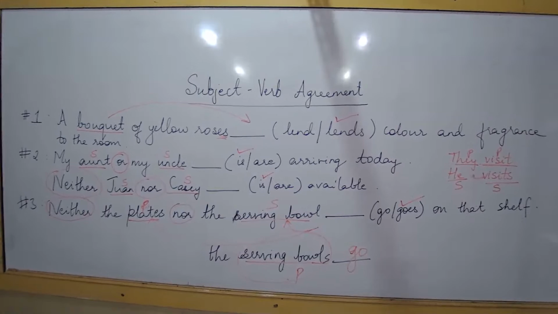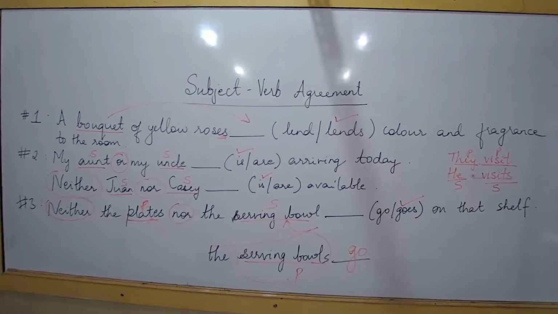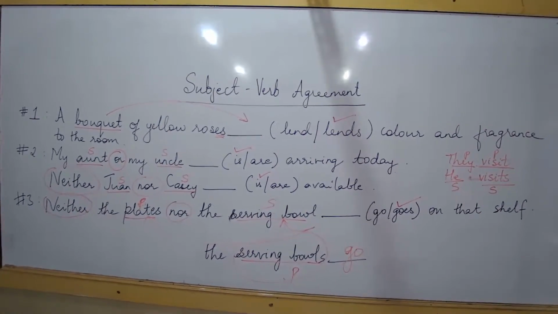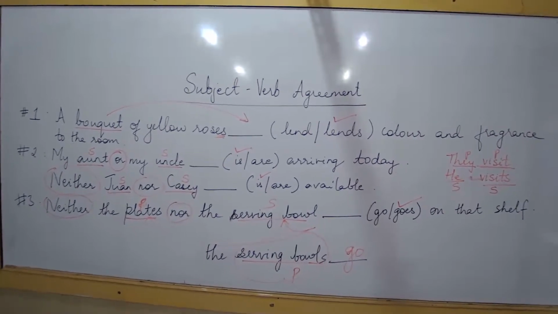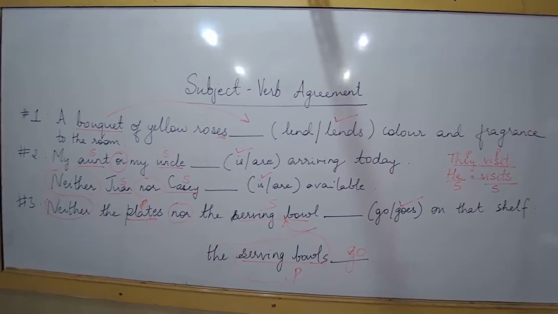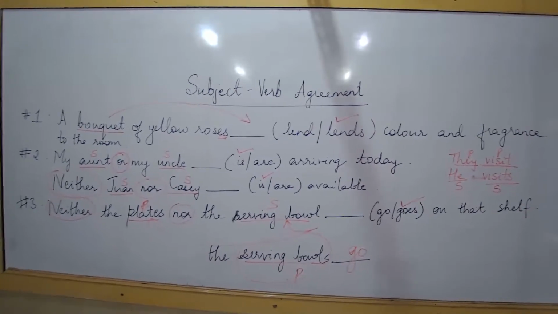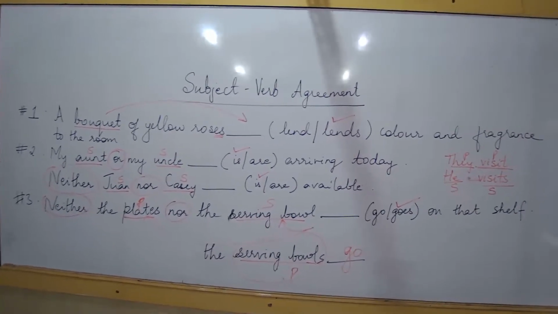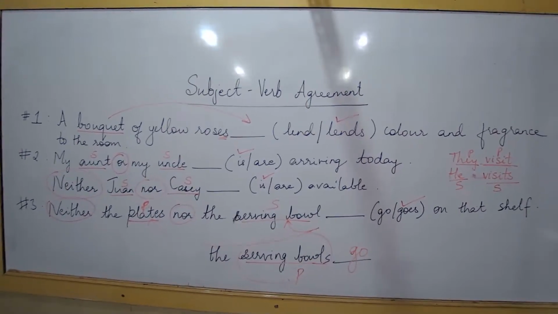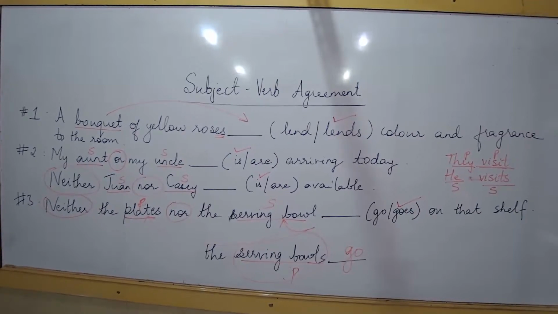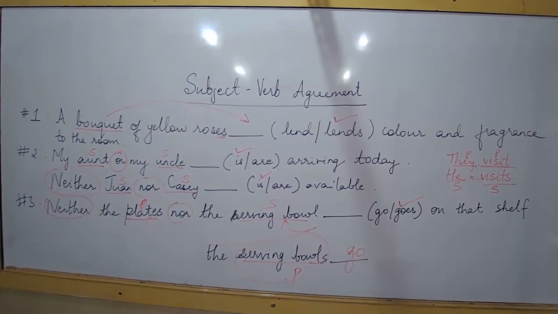Next example, write down. Satish and his sister, dash, in brackets has or have, gone to see a movie.